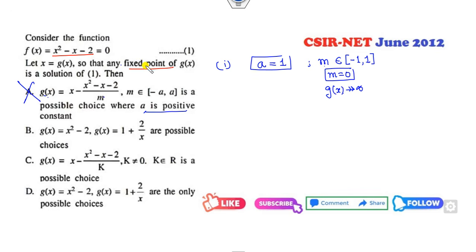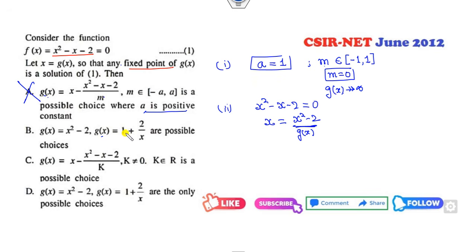Second option, now your target is to find the fixed point. Can you find the value of x from this equation? So x will be x square minus 2. So yes, this is my g(x). Another way, you can also find the value of x. I can take x common, so x minus 1 is equal to 2. Or any other way, I can find x.